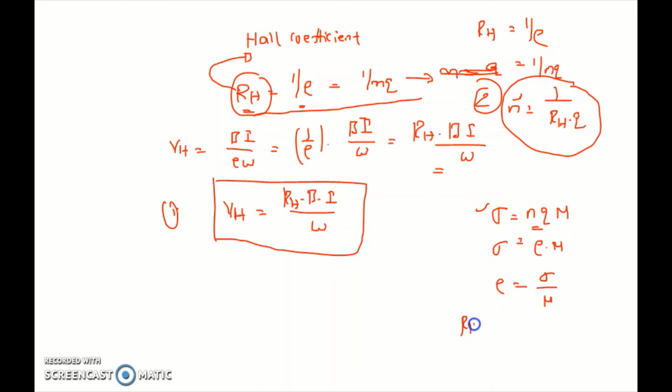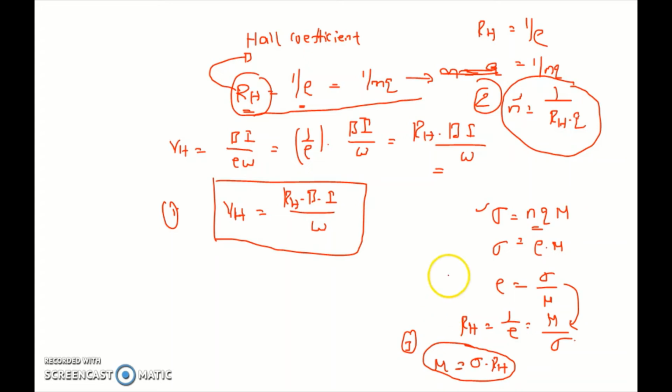The Hall coefficient RH, the reciprocal of the charge density, is mu by sigma. So from these, mobility can be given as sigma into the Hall coefficient. This is also one of the important formulas you have to remember at the time of the GATE examination regarding Hall effect problems. Finally, with the help of the Hall effect, we can find the Hall potential, that is VH.